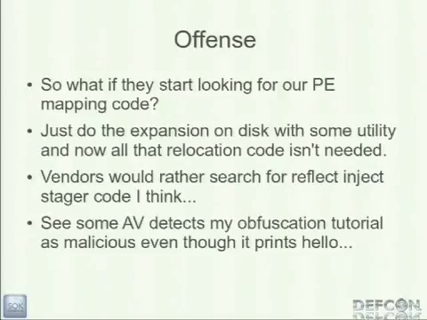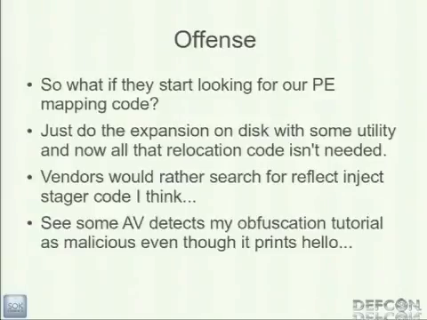So on the offensive side, what if they start trying to look for PE mapping code? The perfect example was that I used it in a code obfuscation tutorial, and one of the vendors wound up flagging it as malicious software when it printed hello, if you actually ran it or dropped it in a disassembler or looked at the source.